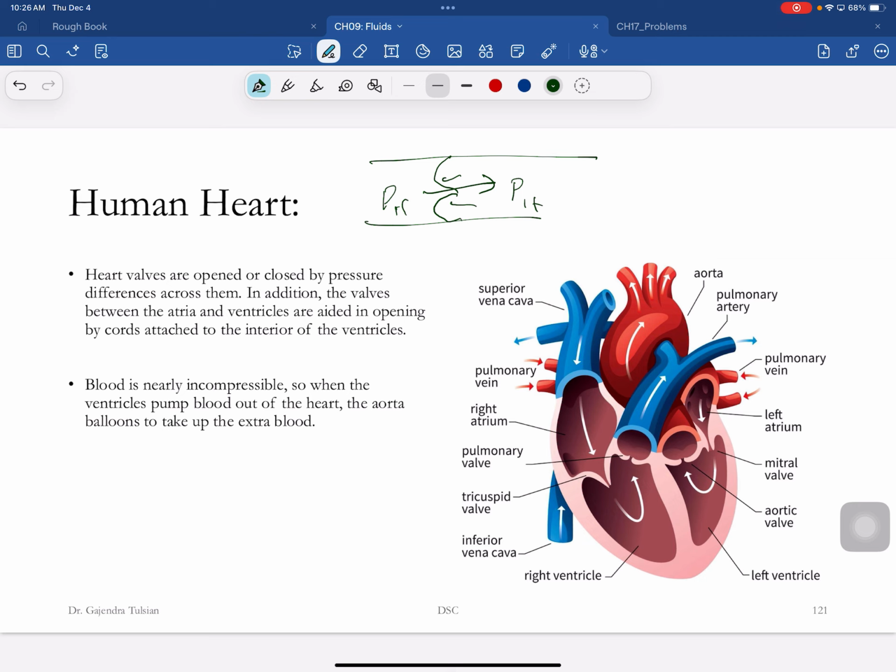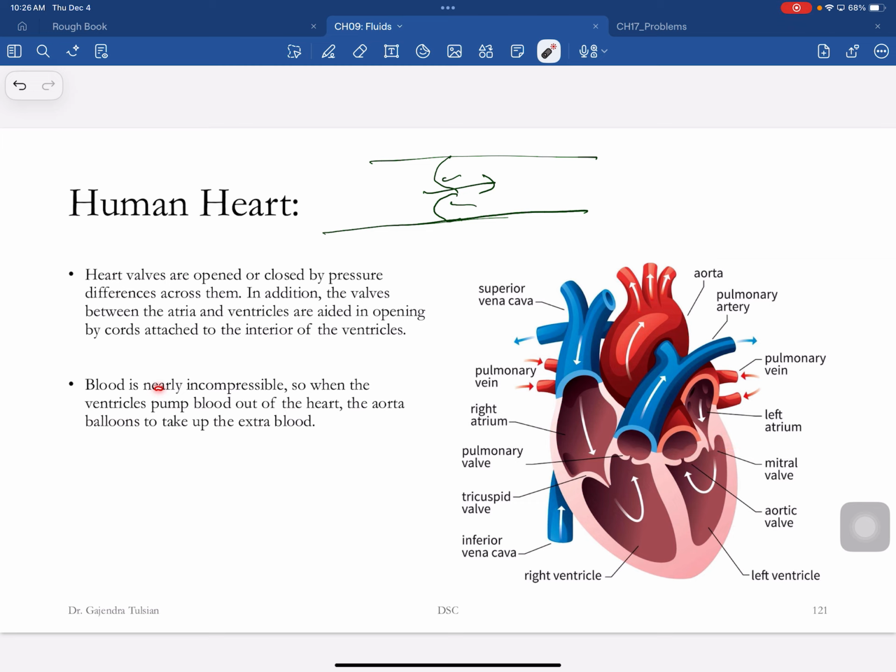So when the pressure is higher here, the valve will open. When the pressure is higher here, the valve will close. So they're all one-way valves. In addition, the valves between atria and ventricle, to assist in opening, have threads that attach like that and pull back and open it even wider.